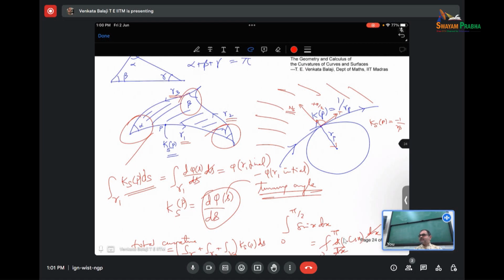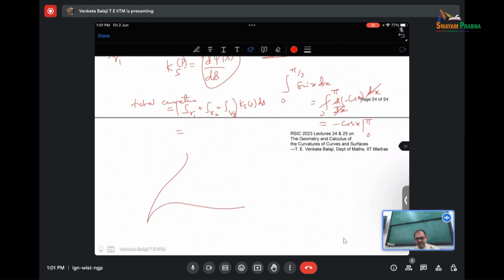Because our original question was, if I take a twisted triangle like this, what is the sum of those angles? How are they related? Differential geometry says the sum of those angles is connected to the total curvature. So what do you think you're going to get? Let me tell you how it's going to be. You take this and smoothen it out like this, and like this.